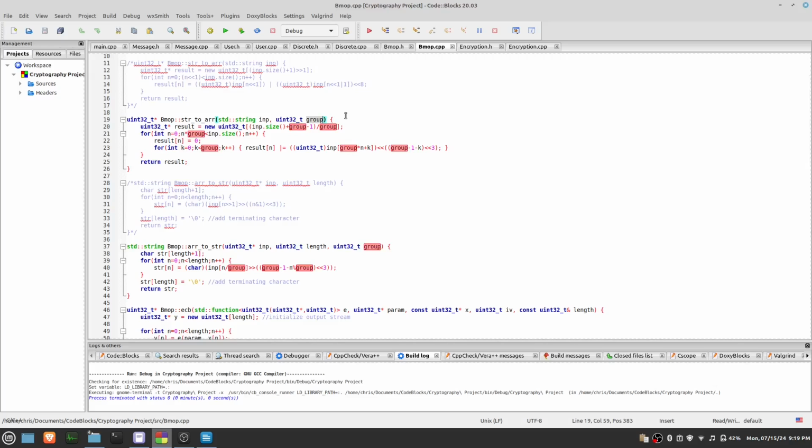Originally, I was going to have it so 4 bytes in a 32-bit integer, and each character is 1 byte, so I'll just put 4 characters in each integer. Then it turns out you can't do that, because potentially those 4 bytes together could be bigger than your modulo, because this is all about modular arithmetic.